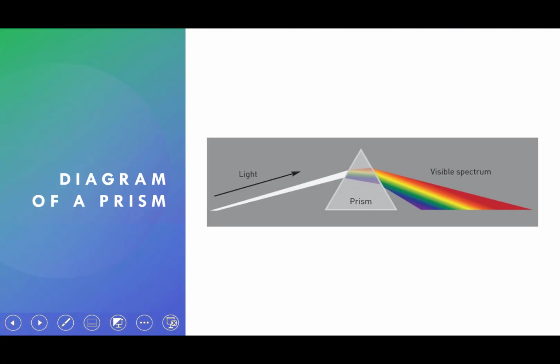Here is to show you how we see the visible spectrum of light, because there are more colors than we can see. So the light hits the prism, it reflects, and then what we get to see are those visible spectrum of colors.